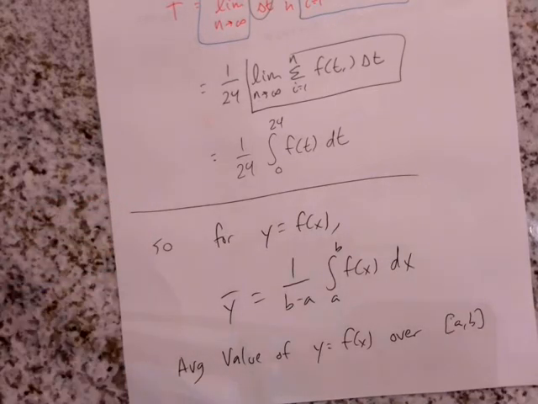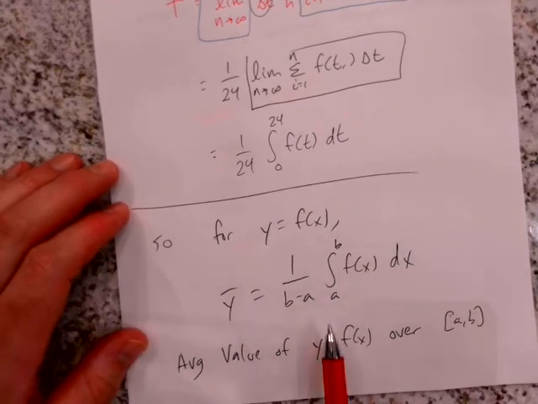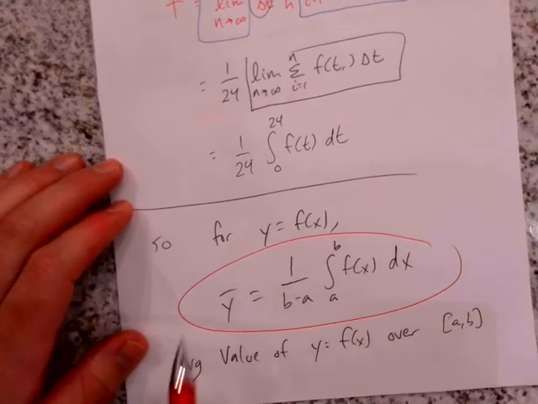This result is going to be huge in the proof of the fundamental theorem of calculus. So that's the second reason that I showed this. But really the main reason is the fact that Riemann sums play a huge role in calculus, and this is one example of it.